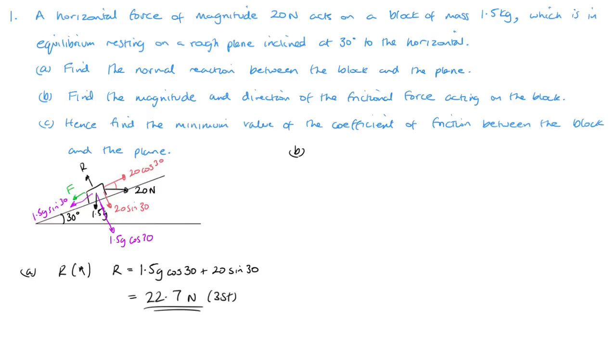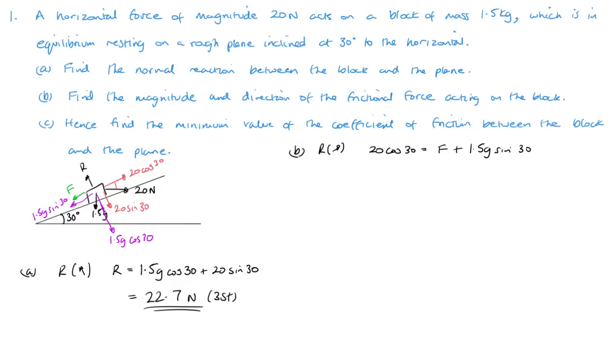Okay, now you don't have to work it out like this, you can just put it into the equation and then the sign will take care of itself. But I find it easier to know what direction it will be going first. So 20 cos 30 is equal to F plus 1.5 G sine 30.